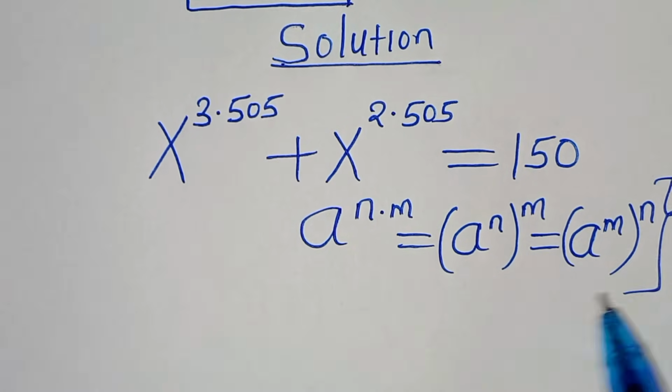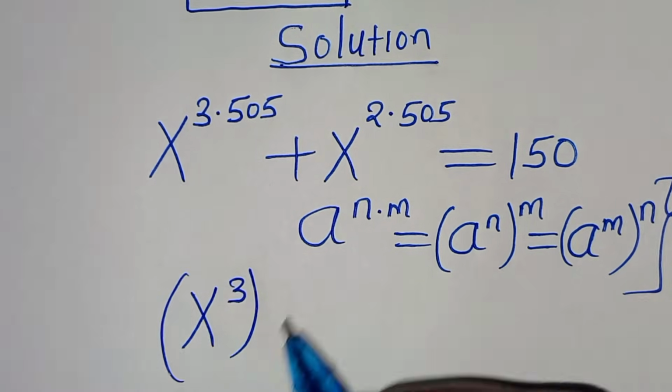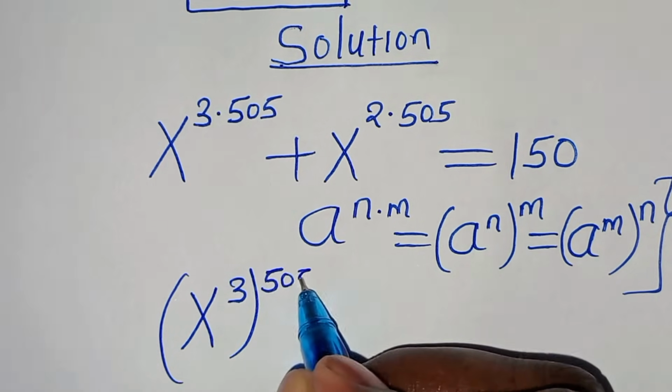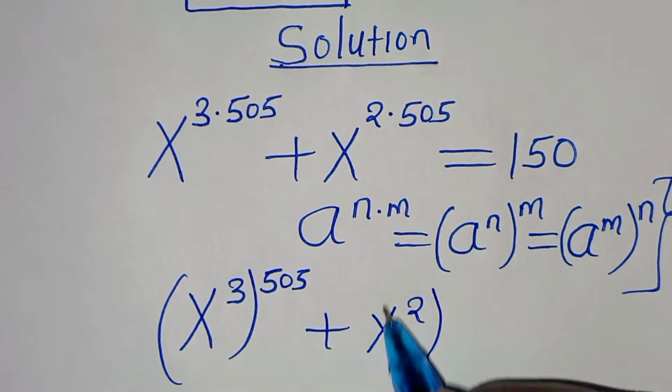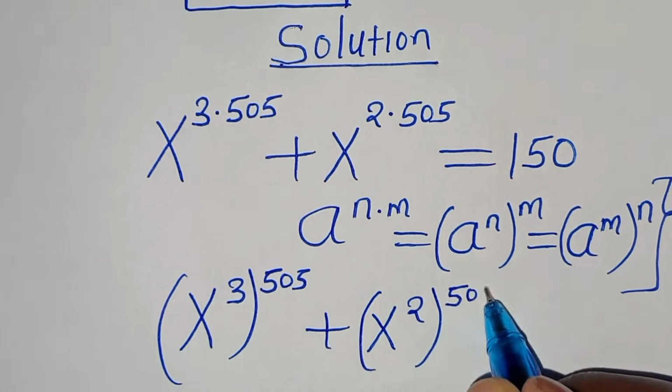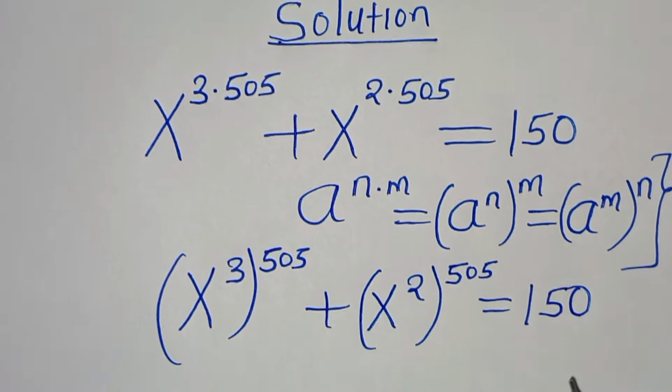Applying this exponent property, this is x to the power of 3 raised to the power of 505, then plus x to the power of 2 raised to the power of 505. This is equal to 150.